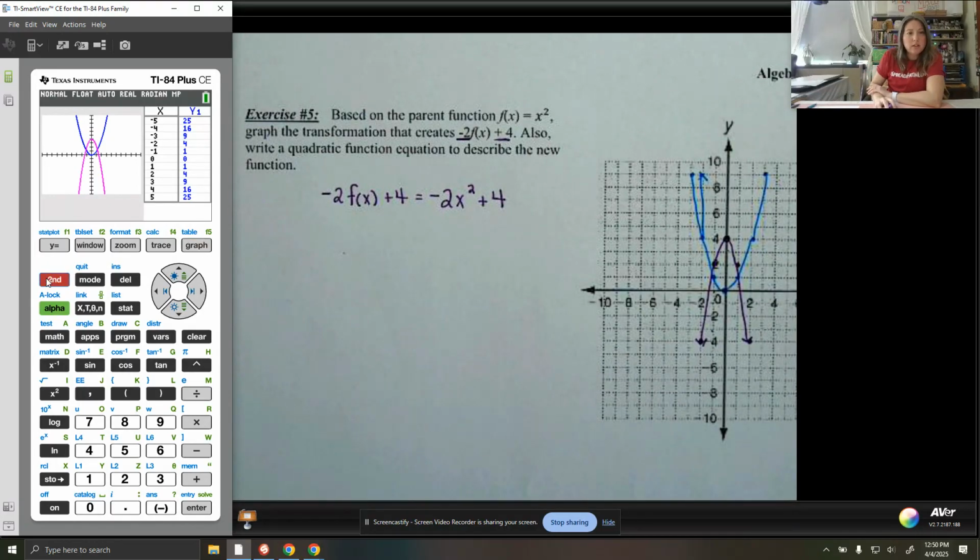Then if we look at second graph, our actual table of points, okay, so there's your 0, 4, which we predicted was going to be our vertex, and then out on each side, we're out 1 but down 2 on each side, and then look, we're out 1 more but down 6.